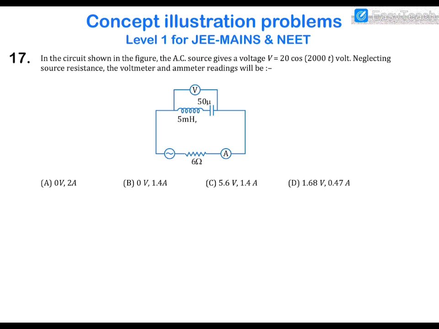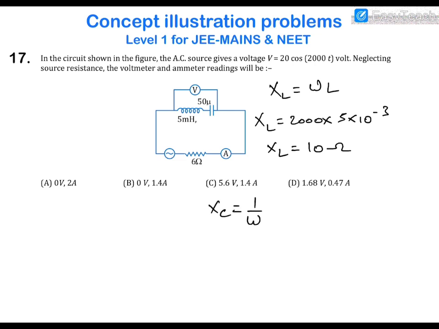So first of all, let us find out the value of XL and XC. So XL is omega L, and omega is 2000 and L is 5 millihenry. So XL will be 10 ohms, and XC is 1 upon omega C. So 1 upon omega is again 2000, and C is 50 into 10 raised to power minus 6.